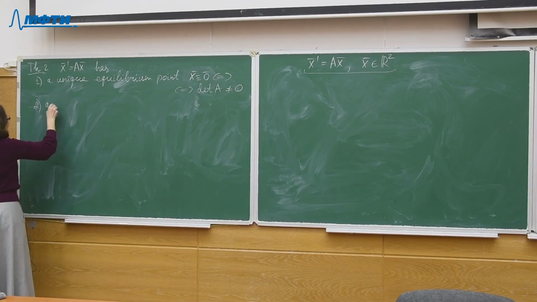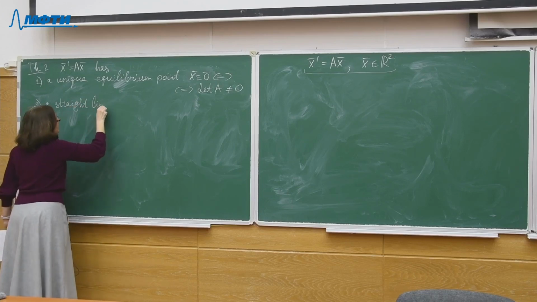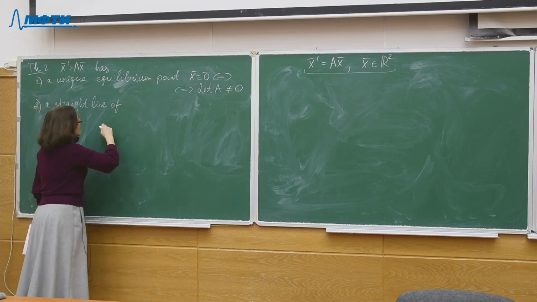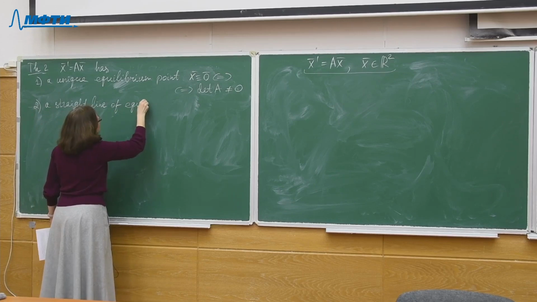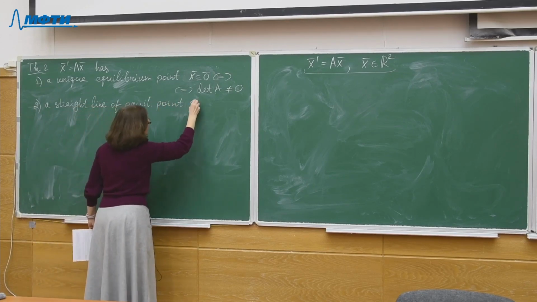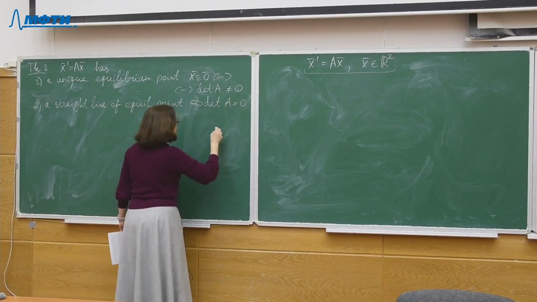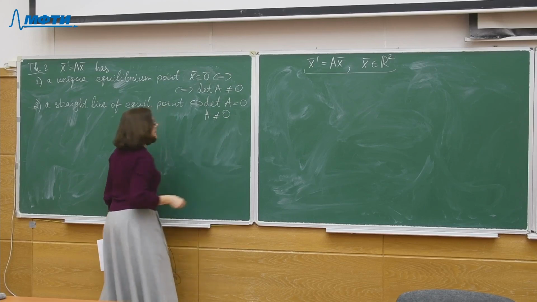Otherwise there is a straight line of equilibrium points if and only if the determinant of A is 0, but A is not identically 0, it is not a zero matrix.